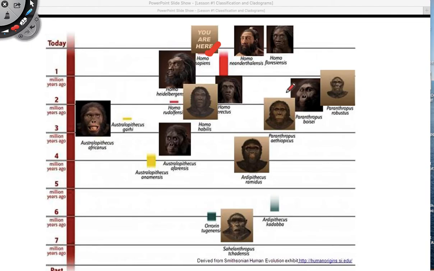So we see here that we are more closely related to Neanderthal man and Homo floresiensis than we are to, let's say, Ardipithecus ramidus that we know was discovered about 4.4 million years ago. And we are even less related to Sahelanthropus tchadensis, who lived around 6 million years ago.